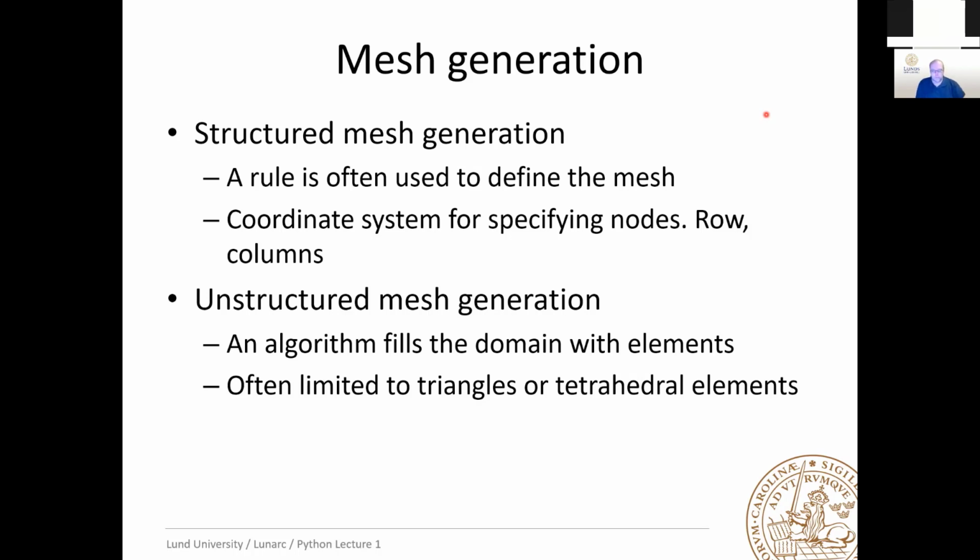But with many of these mesh generators, they start with a triangular mesh, and then they combine the triangles into a quadrilateral element or similar. So you can start with a triangular mesh and then use that to generate a mesh for other types of elements as well.